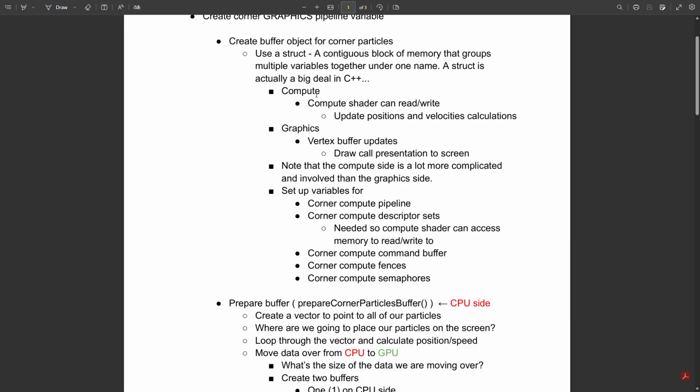Another thing, while we're on the topic of synchronization, understand that even though we have our independent particles over here moving around, and we try to make it as independent as possible from the main application, all of these tasks are being done by the same piece of hardware, right? It's one GPU I have on my machine. It's not like I have multiple GPUs where I could say, for the main application, do all this stuff on GPU one, and for my little corner particles, do my stuff on GPU two.